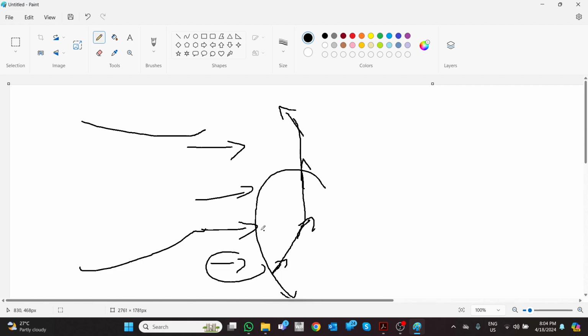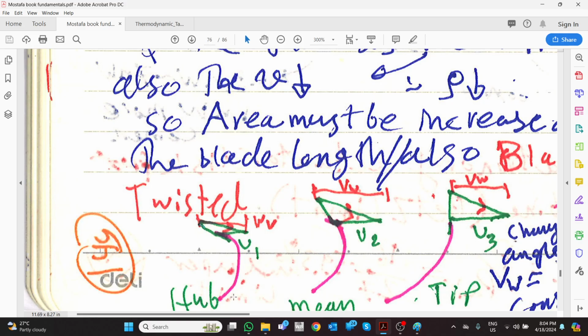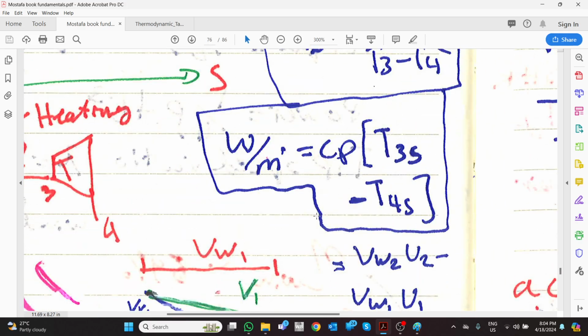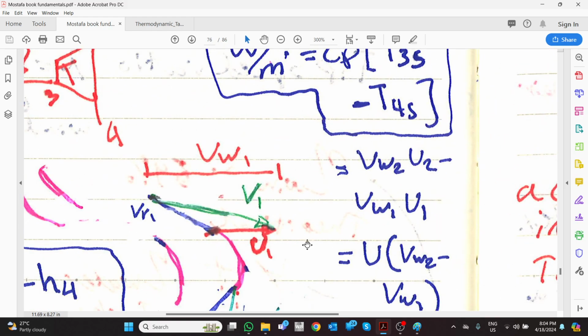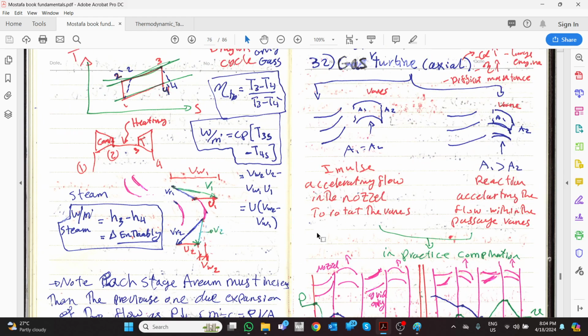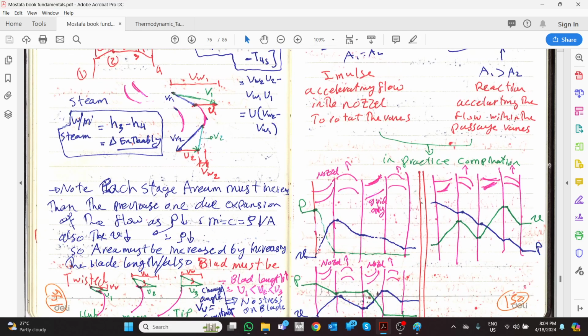So based on that, here the u velocity is something, and here the u velocity is something else. See? So our assumption here, which is u equal constant, starts to be incorrect. Okay?